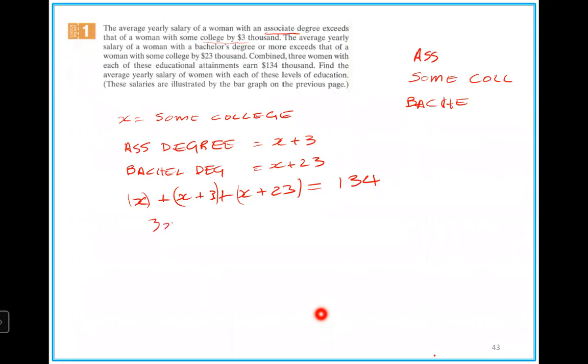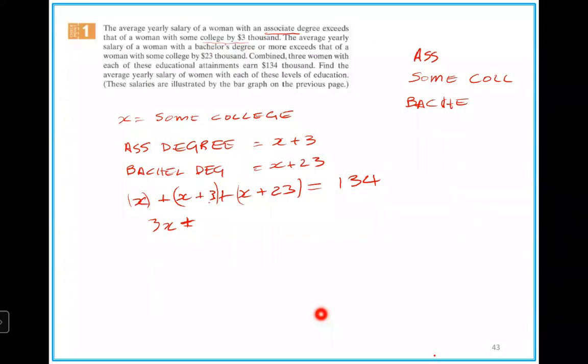3X, and then we're going to plus the 23 equals 134. But you have another number here apart from the 23. What did I miss? You said 3X plus 23.